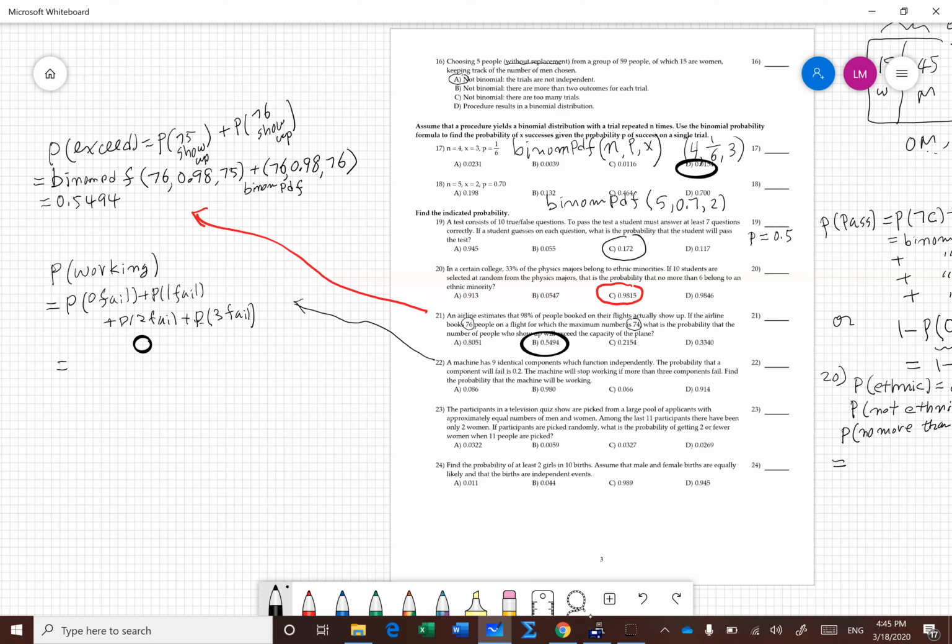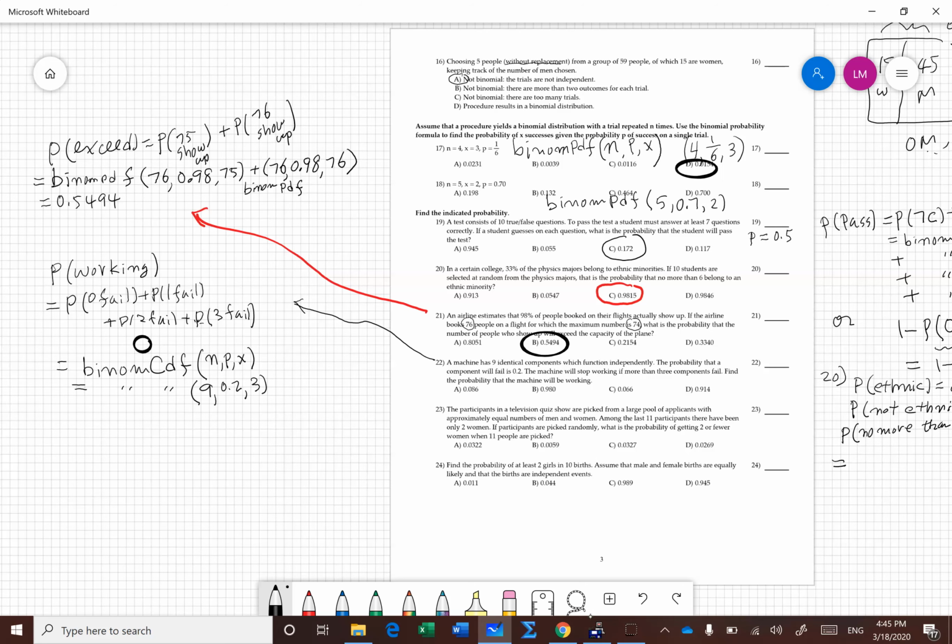So this is binom CDF, and then what is it? N, p, x. What is N? How many machines altogether? 9. And then the probability of failing is 0.2. X is up to 3.